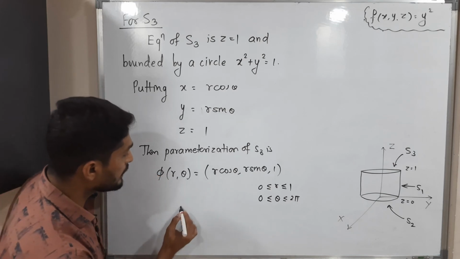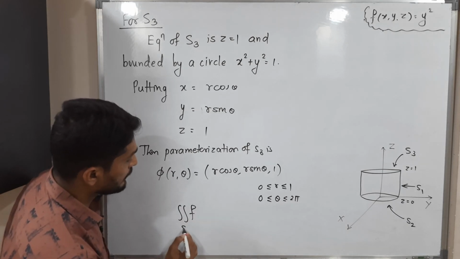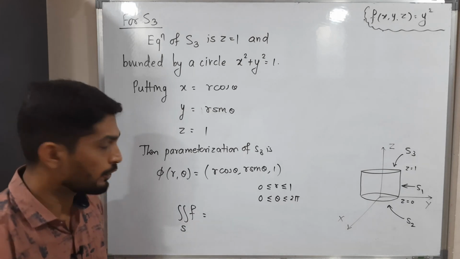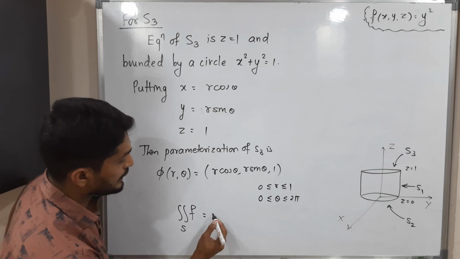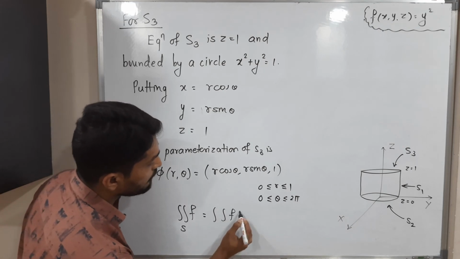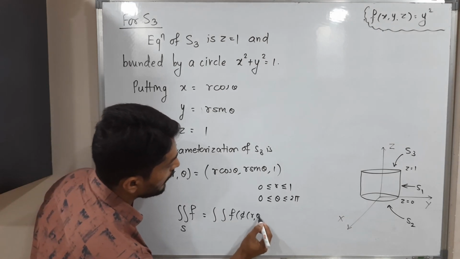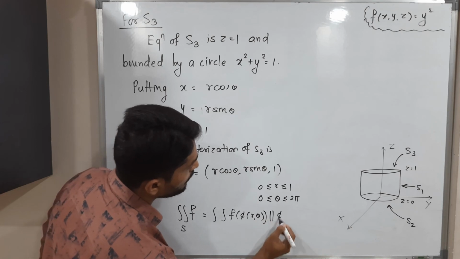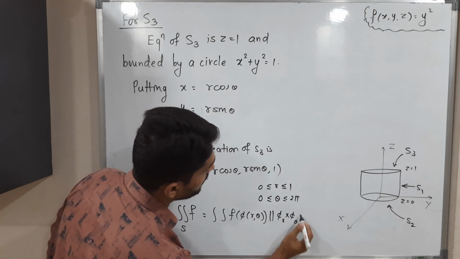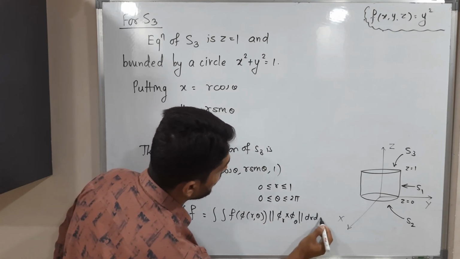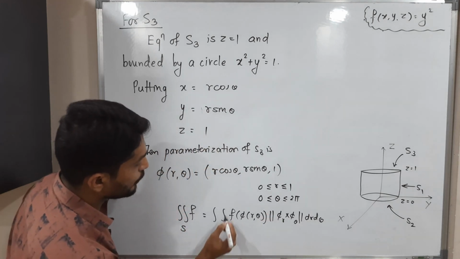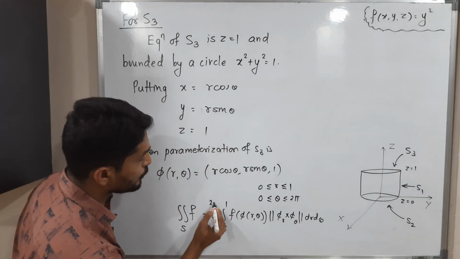Let me give a short hint for you. The double integration of f over S, the definition says, is f of phi of r theta, times the norm of phi r cross phi theta, dr d theta, with limits of r 0 to 1 and limits of theta 0 to 2 pi.